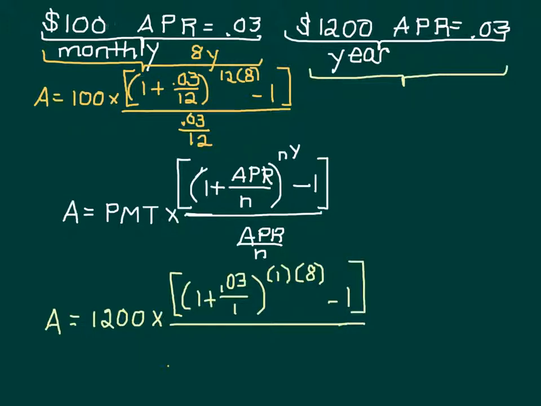And in the denominator, we have the interest rate, 0.03, divided by n, the number of deposits per year, and that's 1. So continue these two problems the same way we calculated the problem on the previous slide, and you'll have the amount of money that both Yolanda and Zachary have after 8 years.